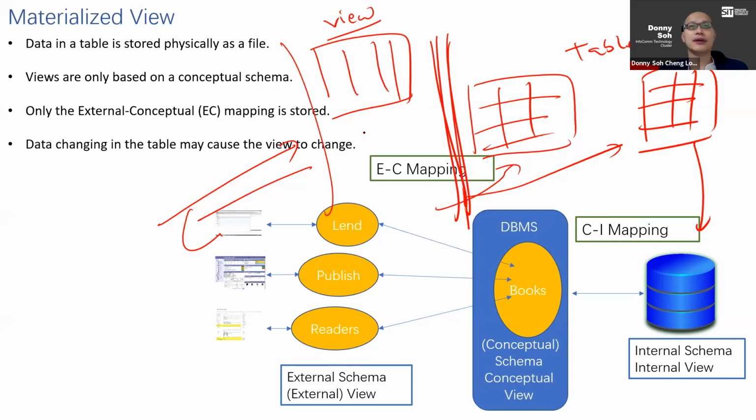Whereas if I had to change my tables, then every time I touch them, all my APIs would have to be changed. So this is one very good reason why views are employed. Changing the data in the table usually will cause the views to change. Changing the data in the views may cause the data in the table to change. We'll see examples of that later on.